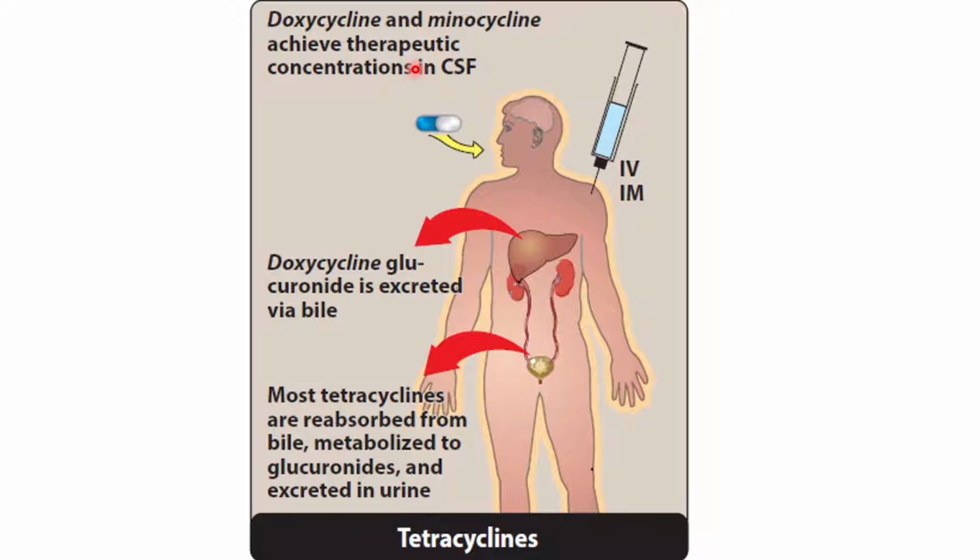Doxycycline is available in oral forms, and it also enters the central nervous system. It can also be injected intravenously or intramuscularly. Doxycycline is excreted by the bile, and all the other tetracyclines are excreted with the urine.